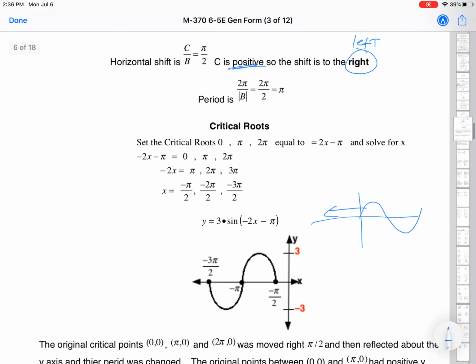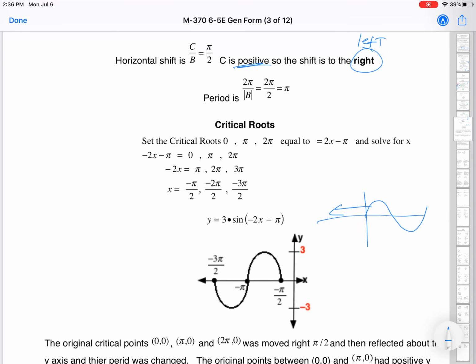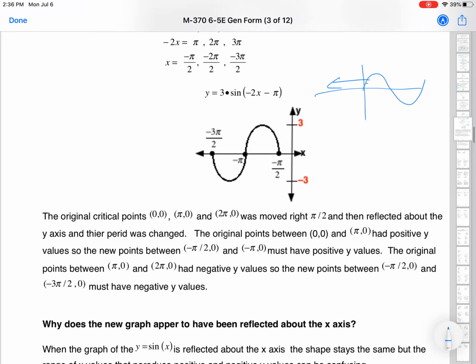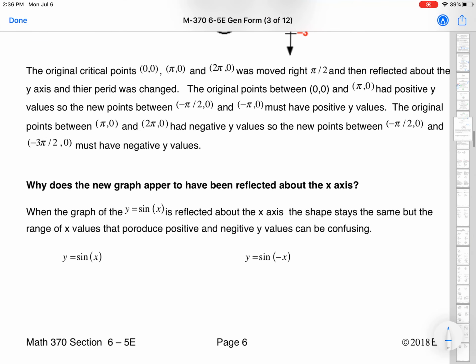Yeah, we're right here. So we're going to shift it to the left. And you'd be like, well, why is that hump not up here? Because of the negative sign. Because we flipped it about that x-axis, it gets flipped just like that. And so you could test points to make sure you've done it well.